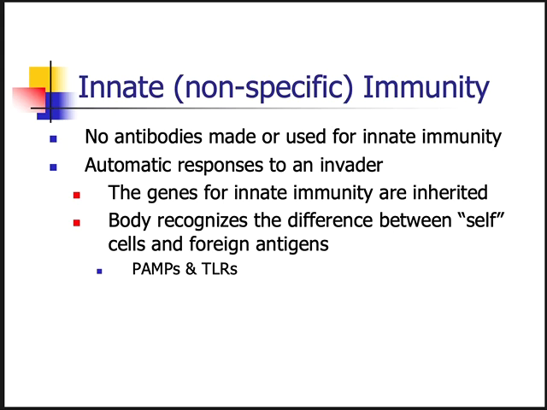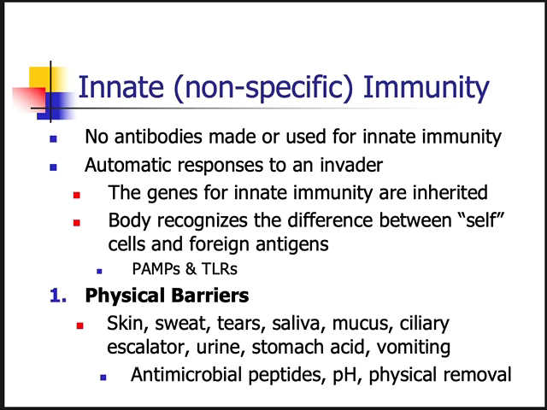Okay, so we're going to start with the 7 categories of innate immunity. Physical barriers. This involves your skin, which we'll talk about on its own slide next. Sweat, tears, saliva, mucus. These are all liquids. You get physical removal: microbes get trapped in the fluid and washed away.